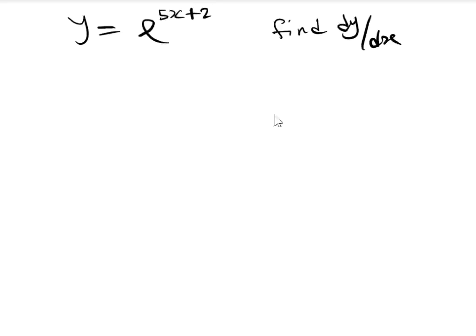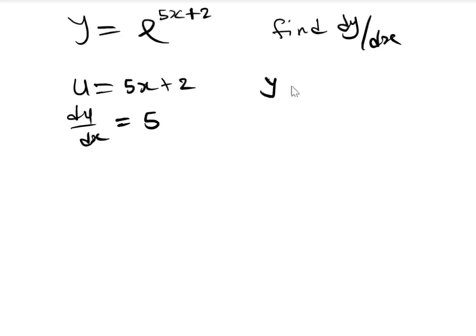Assuming we are given this question, y is equal to exponential of 5x plus 2, and we are asked to find dy/dx. We can assume u to be equal to 5x plus 2, and du/dx is equal to the differentiation of 5x, which gives 5, and the differentiation of 2 is 0.